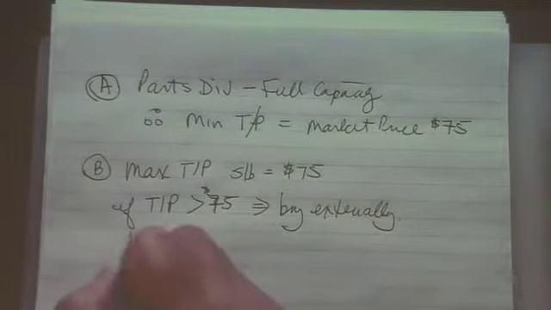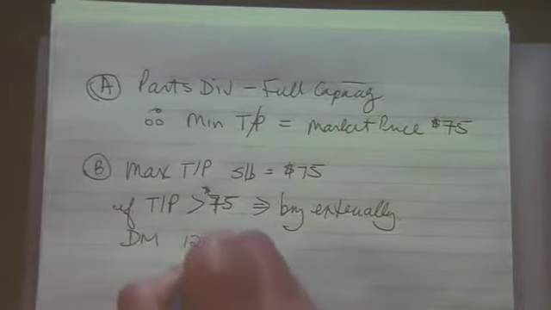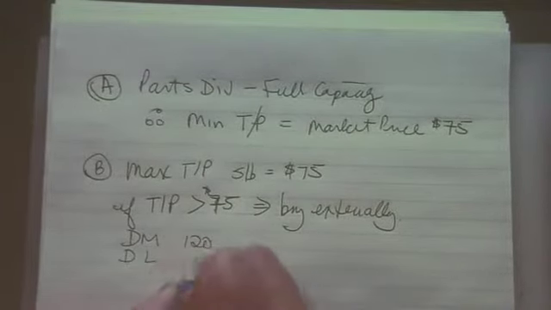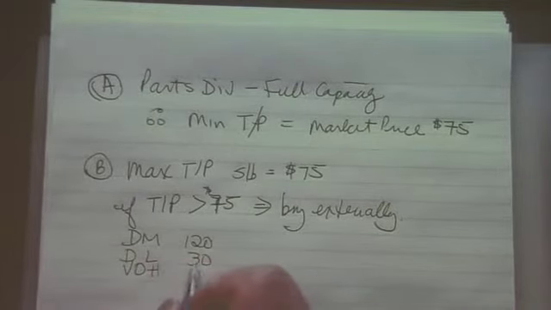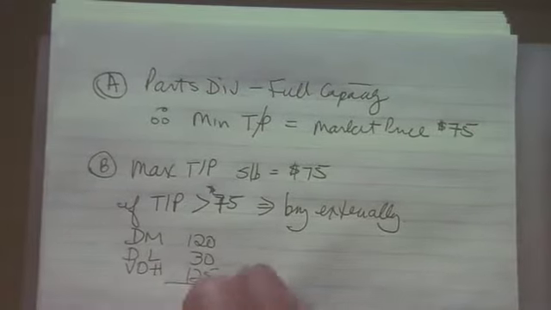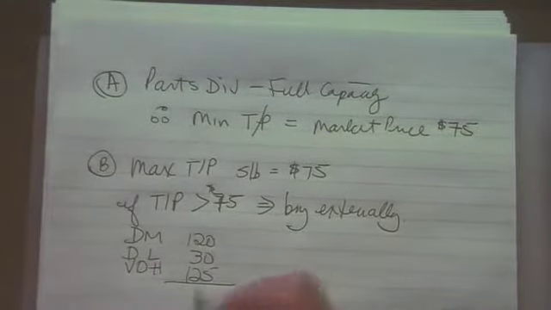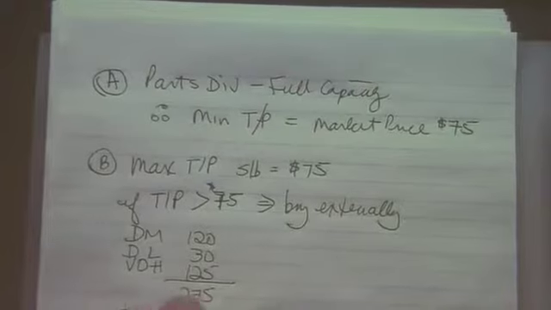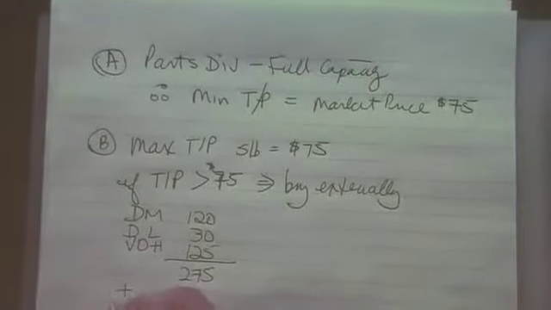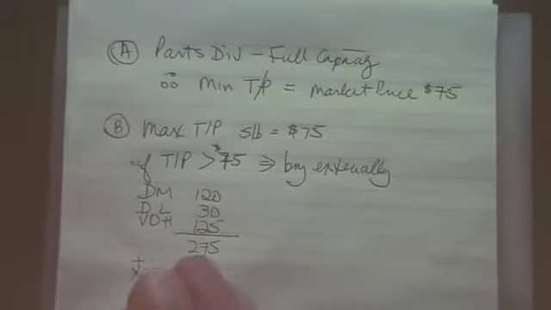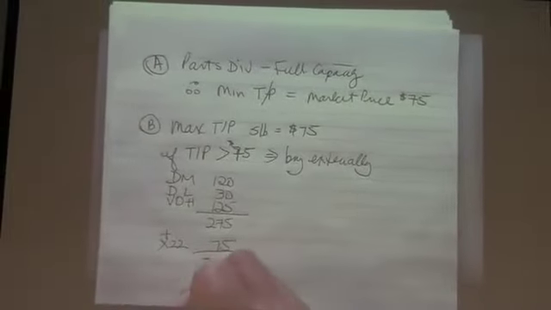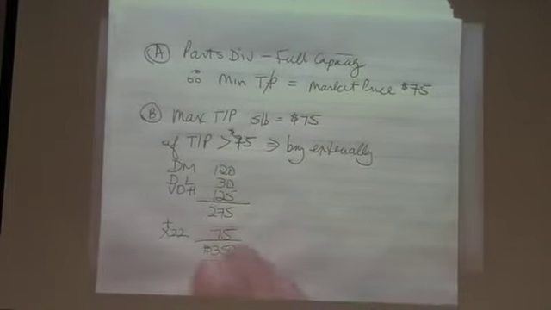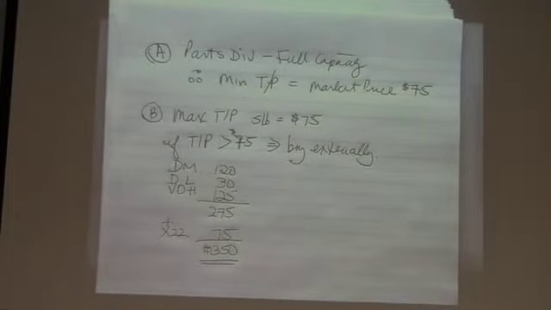Now, we've got direct materials, $120, direct labor, $30, and variable overhead is $125. So this gives us $275 plus the part X22 at 75, which gives us $350. So that would be the cost to produce the device.